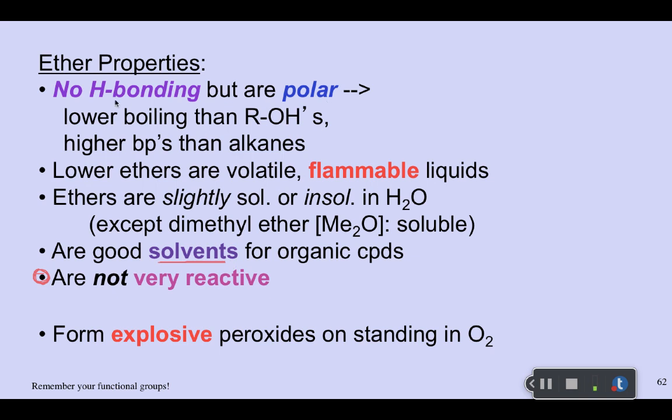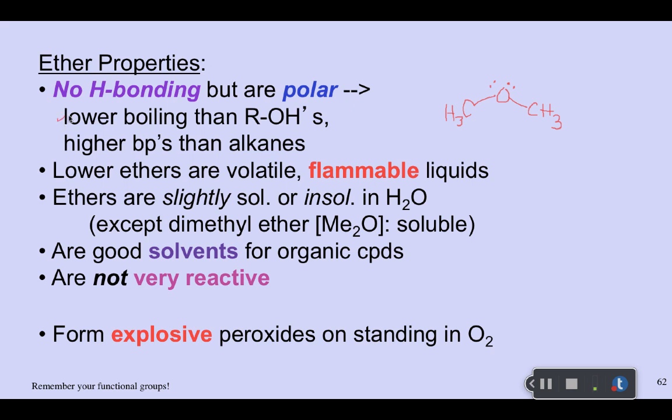However, what else? They are not hydrogen bonding compounds, and that gives them lower boiling points than the alcohols. We noticed that when we were looking at the comparisons between alkanes, ethers, and alcohols recently in class, and they are a little bit polar. So I've just drawn you a simple ether, dimethyl ether, and it is somewhat polar because of the lone pairs of electrons on the oxygen, but it can't be drawn with partial plus and partial minus the way we do for an alcohol.